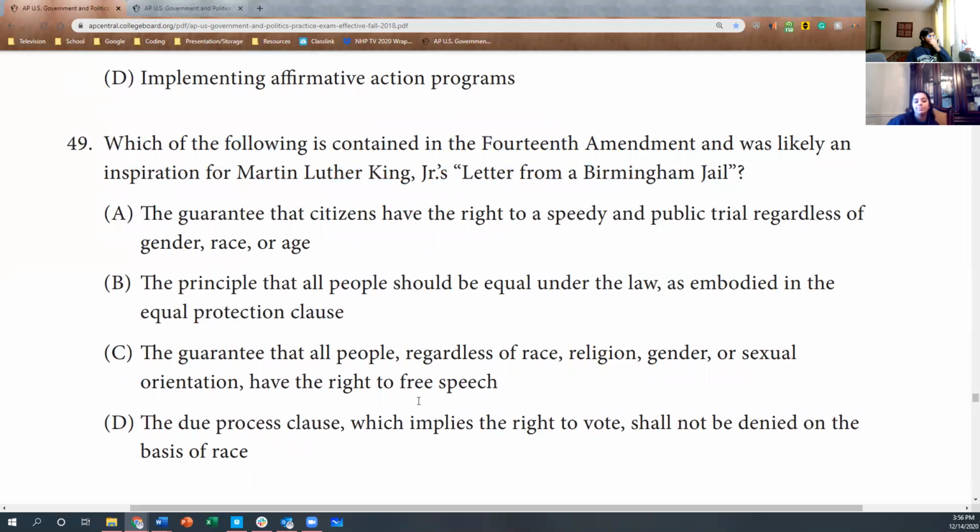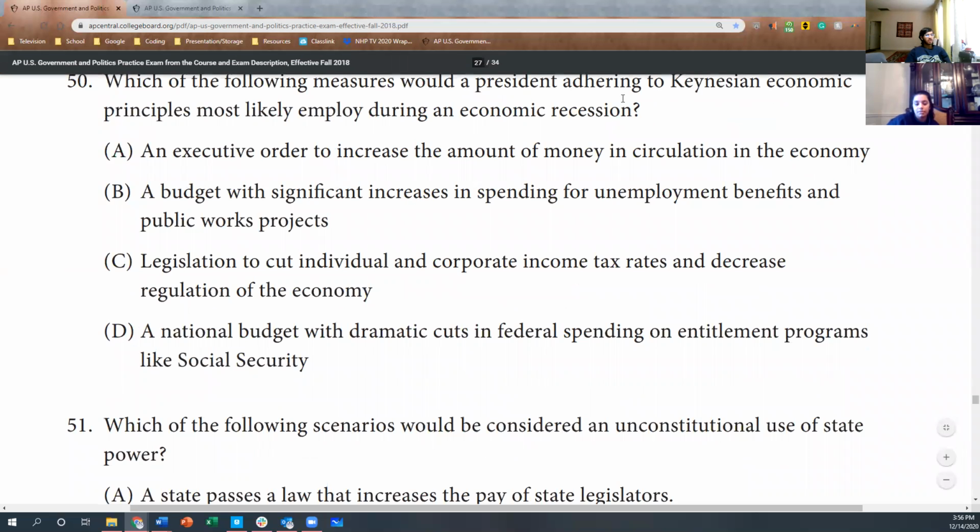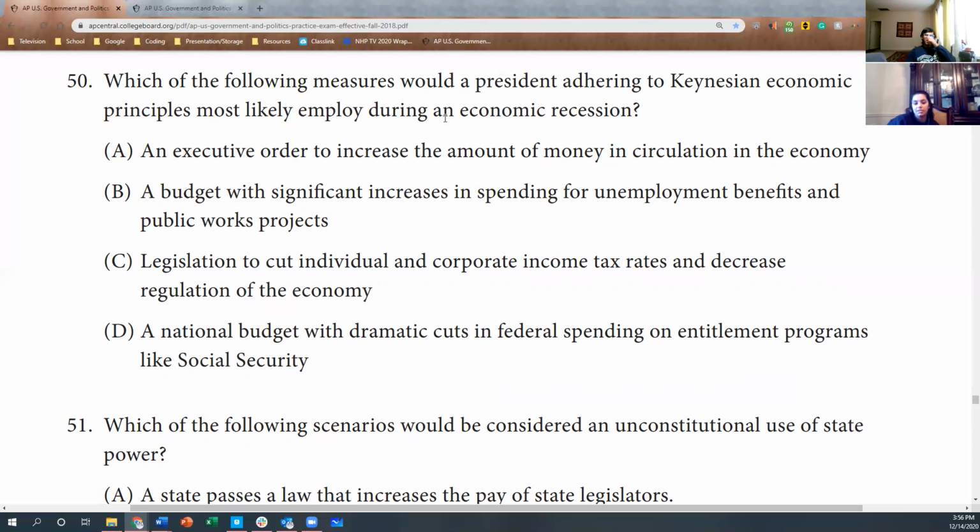B. Good. 50. Which of the following measures would a person adhering to Keynesian economic principles support? We haven't learned about this that much, and I'm very bad at economics, but there's supply side economics and then there's Keynesian economics. During a recession, people adhering to Keynesian economics would say the government should put jobs into the economy so that it boosts the economy.